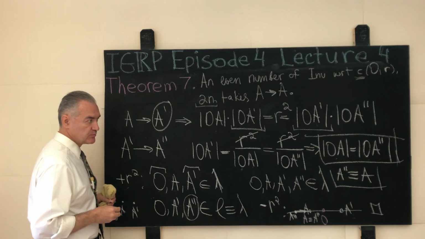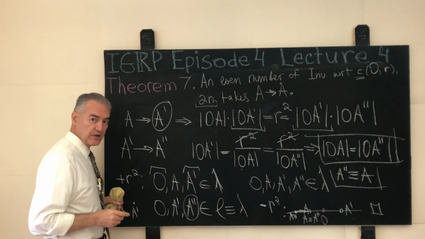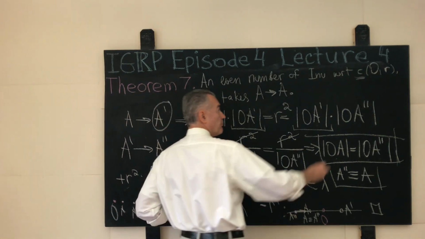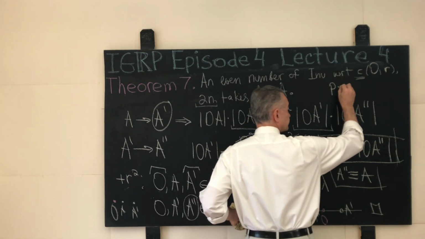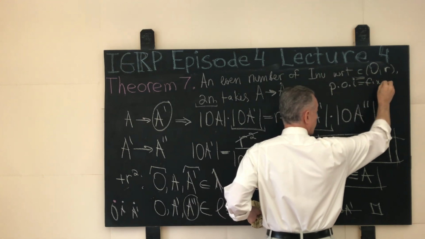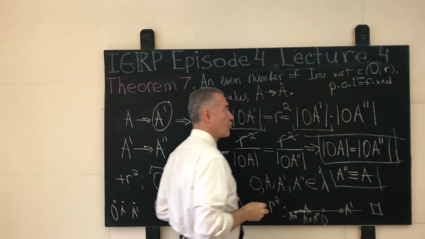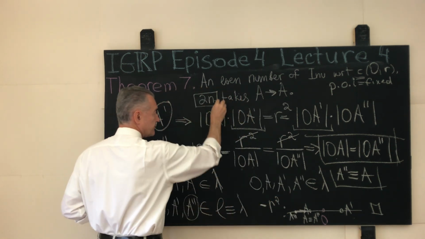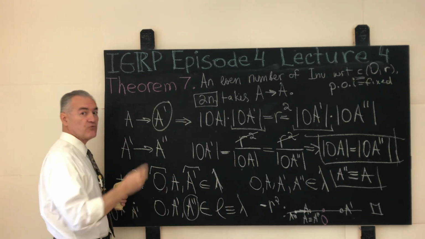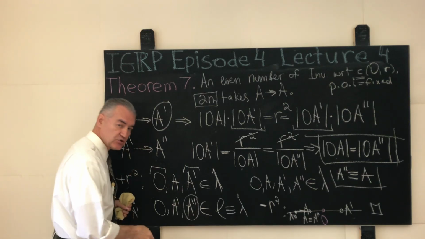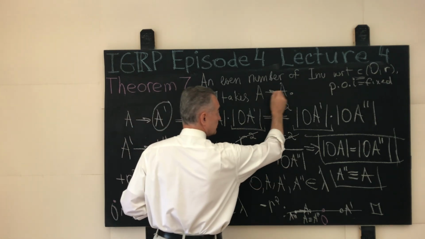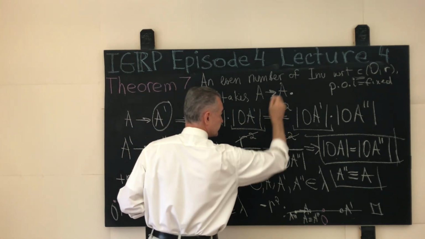And that completes the proof, as long as everyone in the audience is on the same page that the power of inversion is fixed for the length technically of this composition. Any even number of consecutive inversions of the same plane with respect to the same circle under the same power takes the original point back into itself.